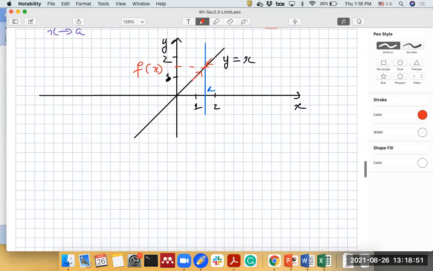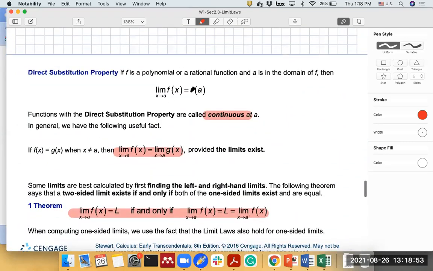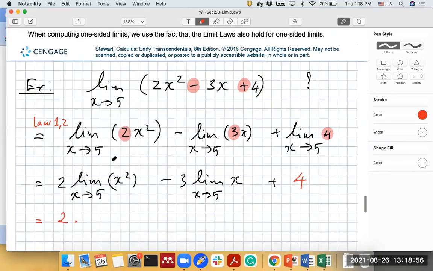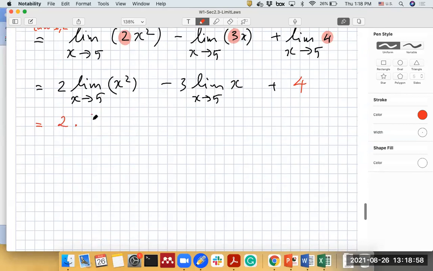Direct substitution, okay? It means that this will be, very good, 3 times 5, sorry. Very good. And the final result will be 39, okay?